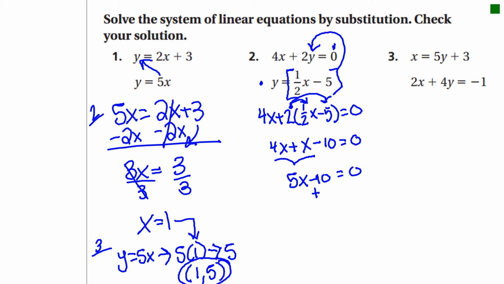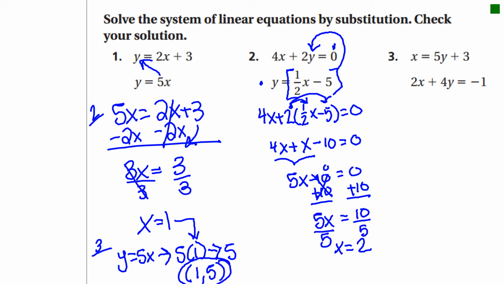Undo the subtraction with addition. Add. 0 and 10 are like terms, so 0 plus 10 is 10. Negative 10 plus 10 is 0. Now we have 5x equals 10. Divide by 5. X equals 2. Not done yet.